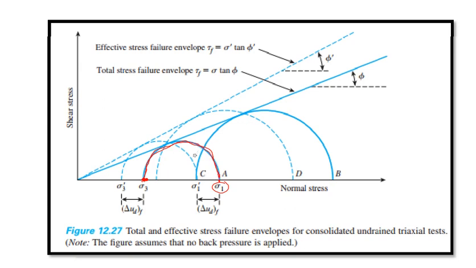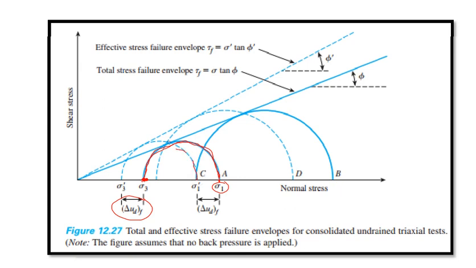Since we are measuring pore pressure during the test, we know that the pore pressure at failure, ito yung pore pressure at failure natin, is given by this symbol, and knowing both our total stresses and pore pressure at failure, we can compute now the effective stress at failure and plot our effective stress Mohr circle as shown here.